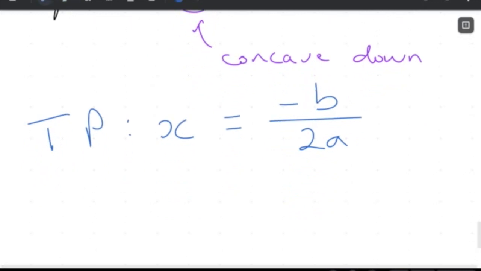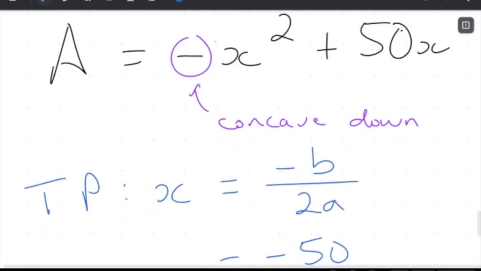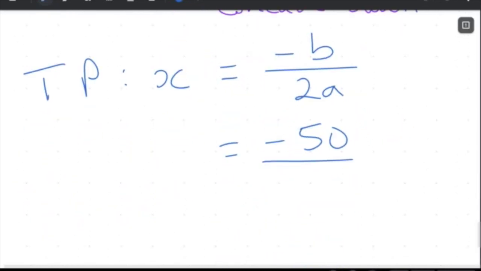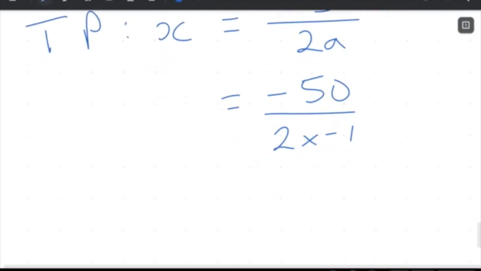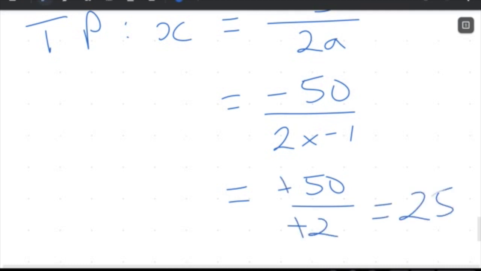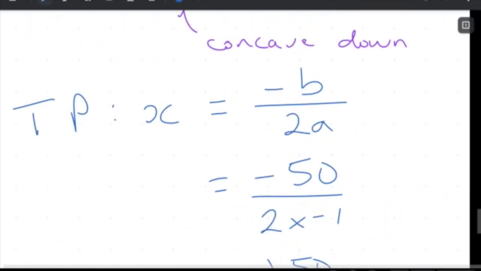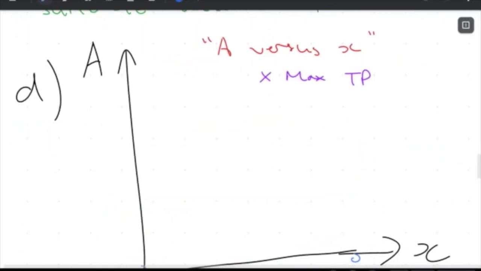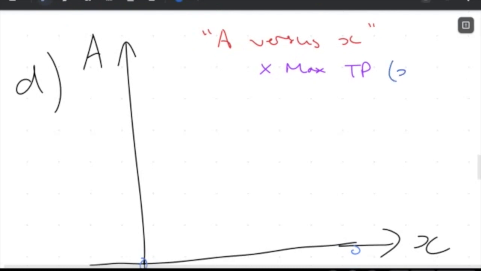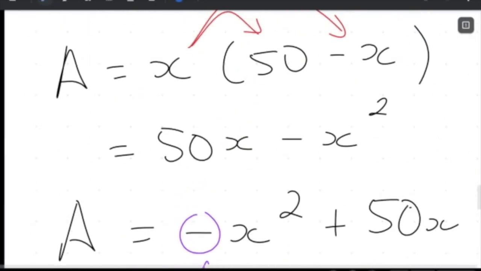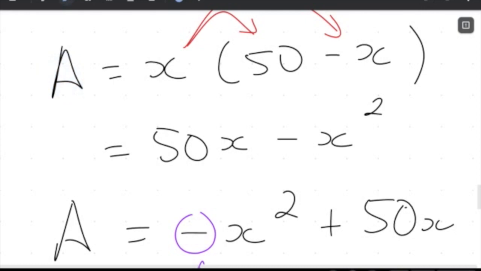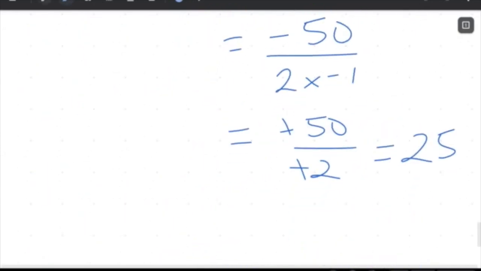So substituting these values in, I get minus 50 over 2 times minus 1. In other words, that gives me negative 50 over negative 2. These two negatives are going to cancel out, giving me 25. So I have a maximum turning point at x being 25.